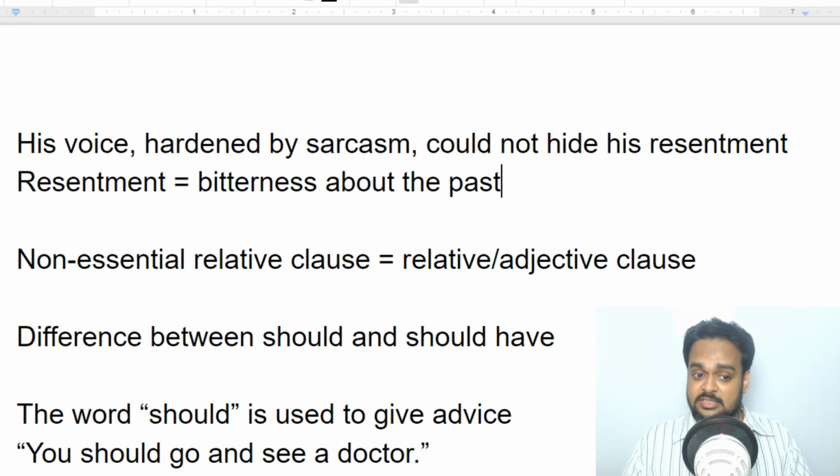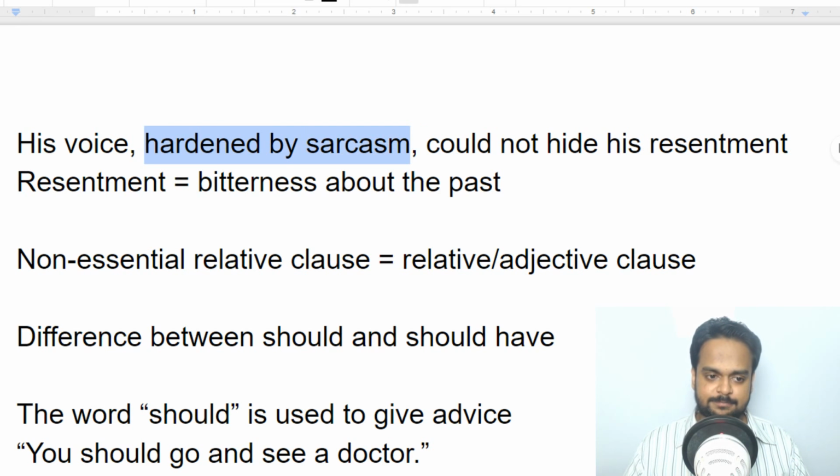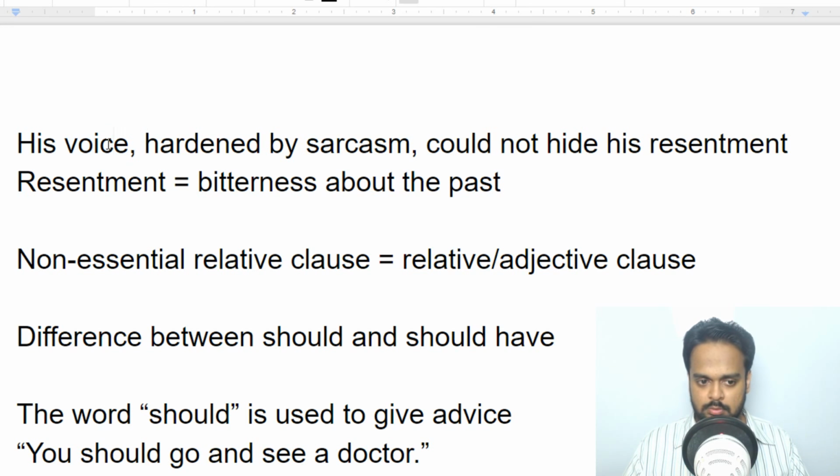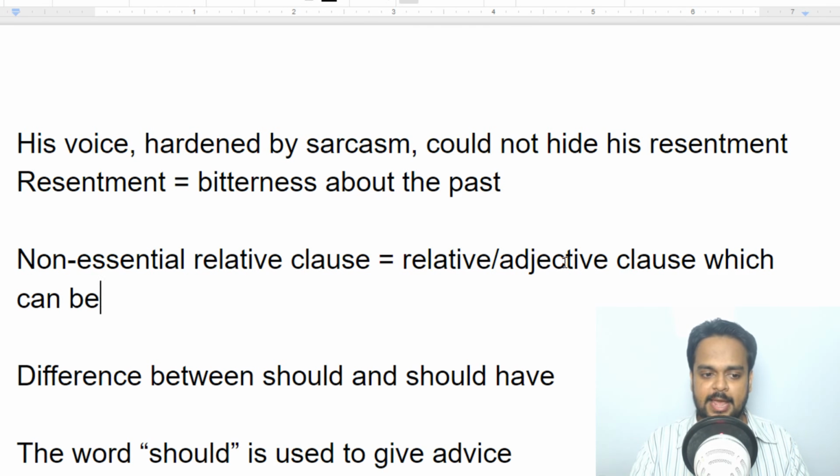The reason we say it's an adjective clause is because it acts as an adjective. It gives information about a noun. In this case, hardened by sarcasm gives information about his voice. Voice is the noun here. So this is an adjective clause, and it is non-essential because it can be removed from the sentence.